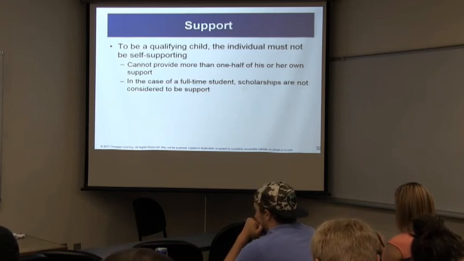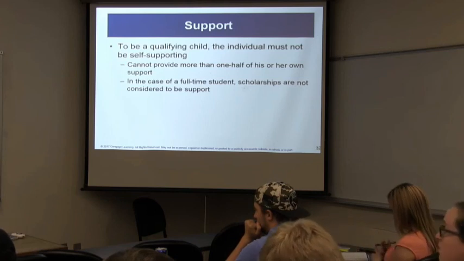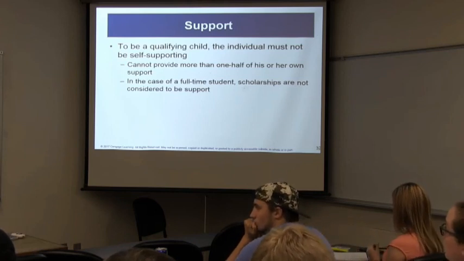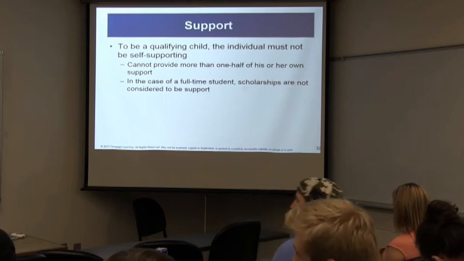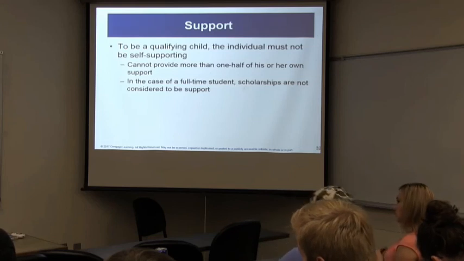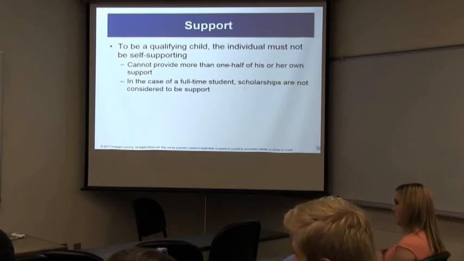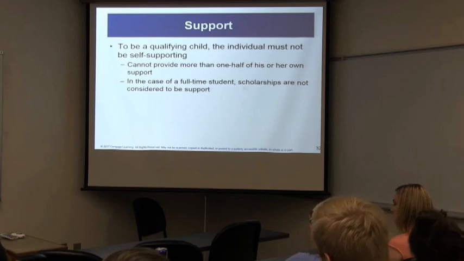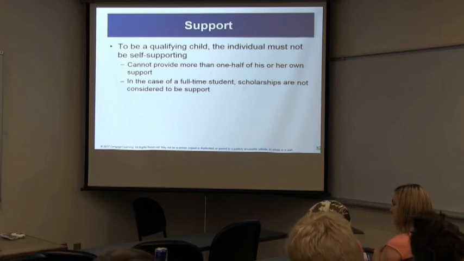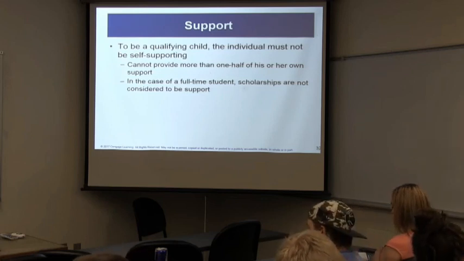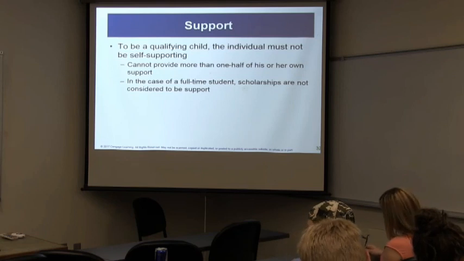So the question here is, is he providing more than half of his own support? Okay, scholarships don't count. Scholarships are not considered to be support. That's out. So he is providing 30% of his own support.